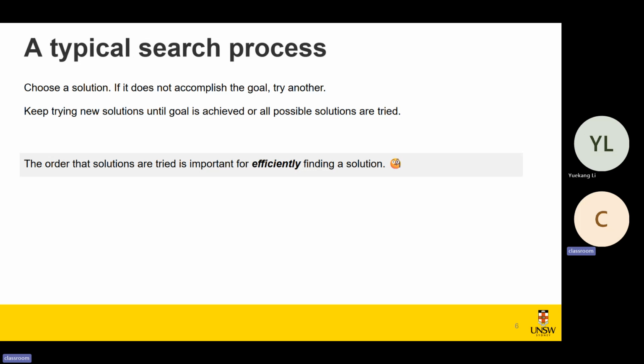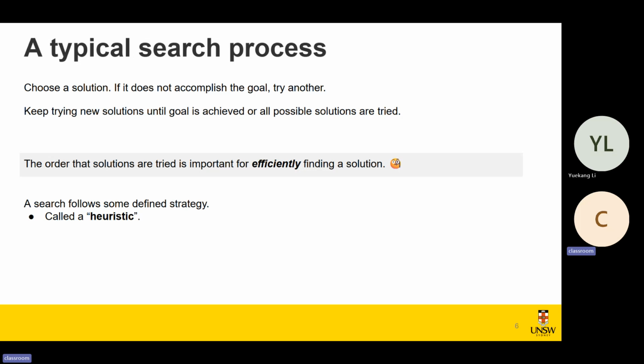Then the order of selecting the solutions to try is important here, right? It could affect the efficiency of finding this final solution. So this actually requires some strategies to deal with.